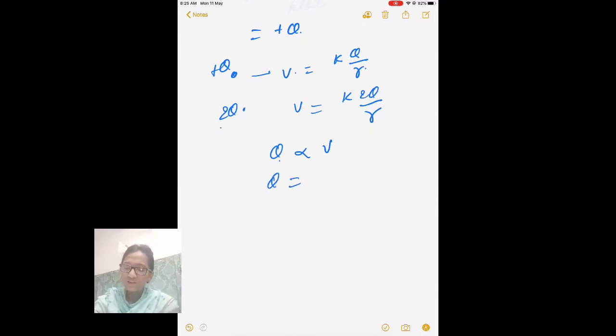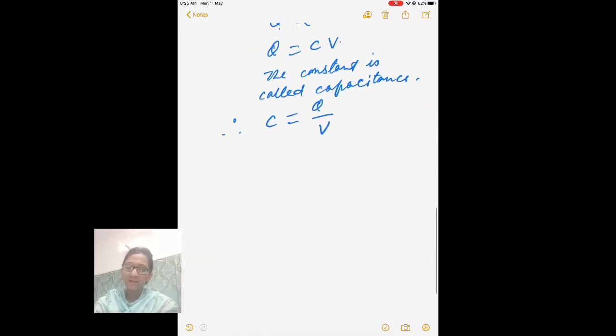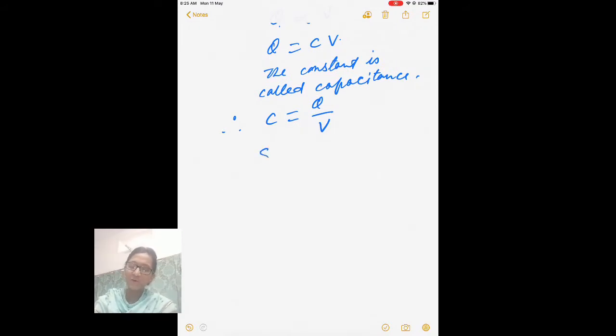And this constant of proportionality is called capacitance. Therefore from here we can find that capacitance is equal to Q coulomb upon V volt. So what is its SI unit?